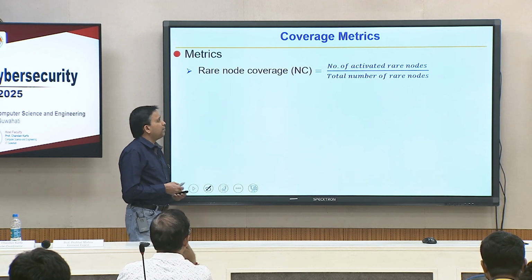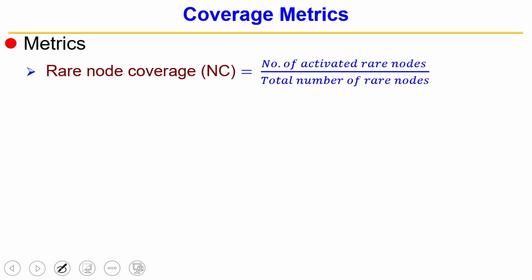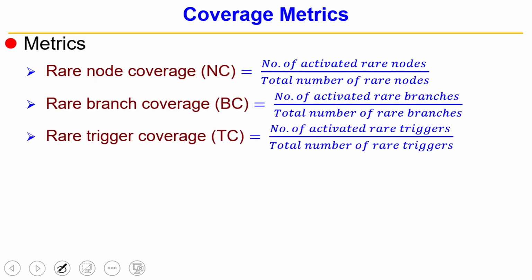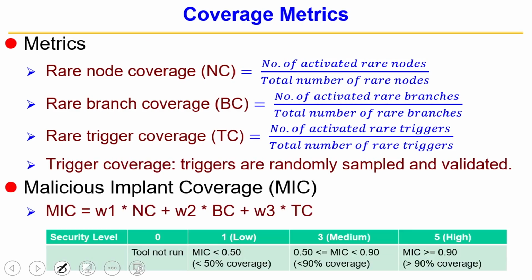We talked about it: number of activated rare nodes, assuming the threat model is rareness, the number of rare nodes, number of rare branches, number of rare triggers, and so on and so forth. And then on a security level, you want to figure out where your cryptographic module is, and then you do the mitigation to take care of it, right.